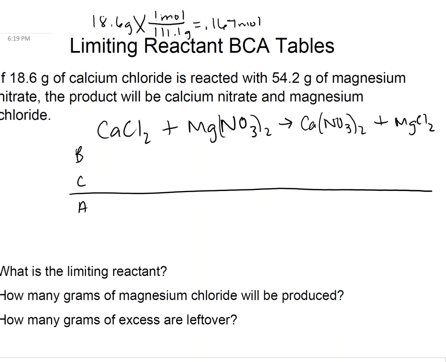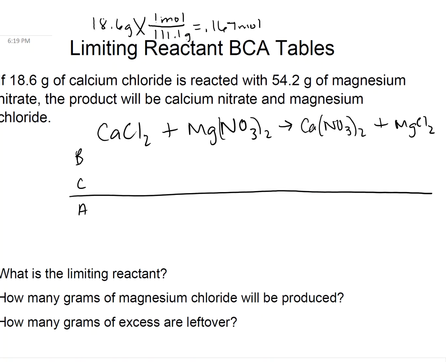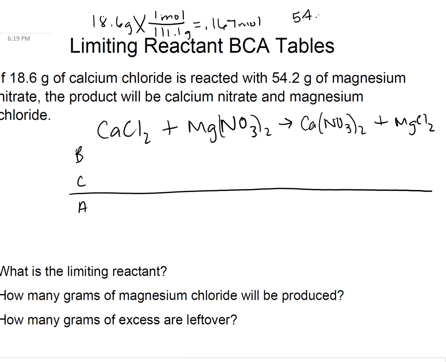Then you will do the same thing, but for the 54.2 grams of magnesium nitrate. So 54.2 grams times 1 mole over the molar mass of MgNO3, which when added up off the periodic table is 148.3 grams.